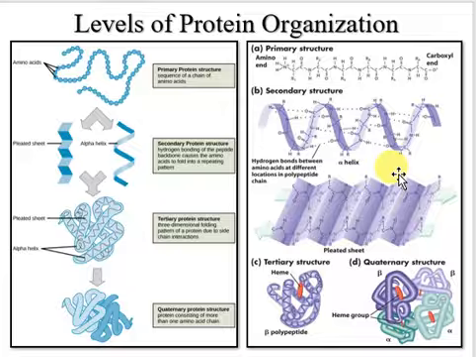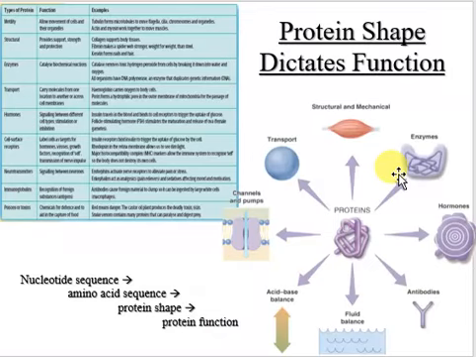So as I said, proteins are able to take on a variety of different structures, and therefore have a variety of functions. There are kind of 8 major functions or types of proteins.